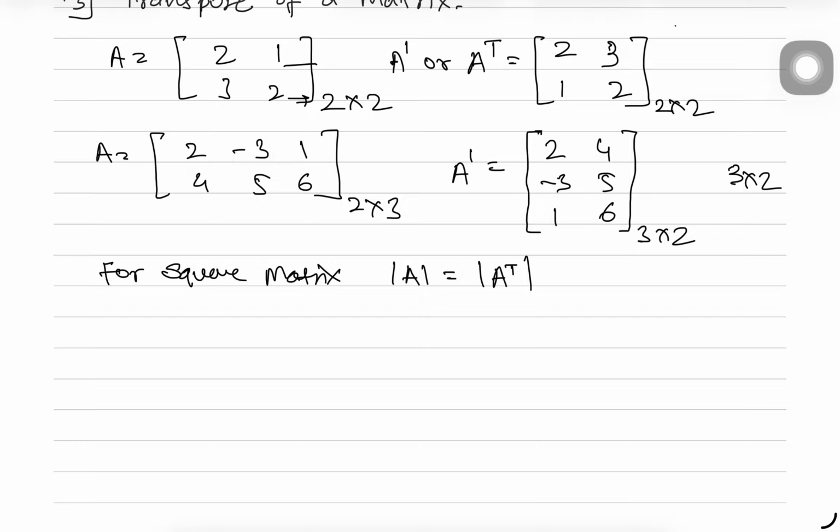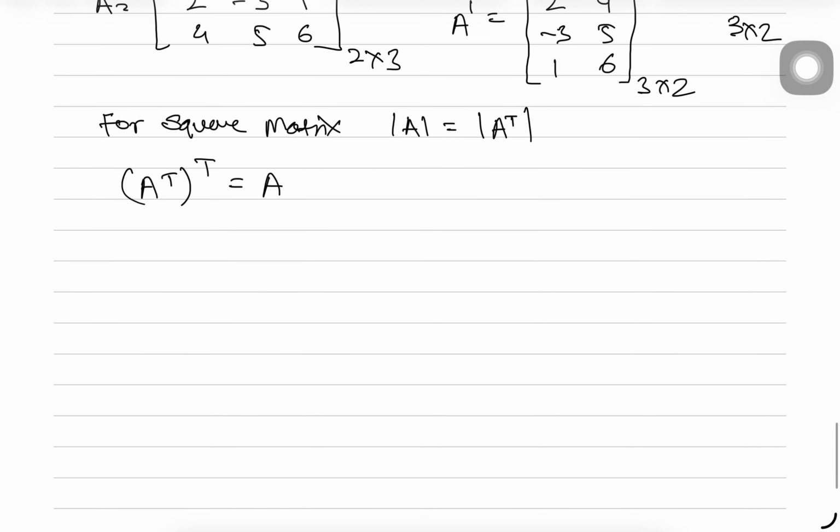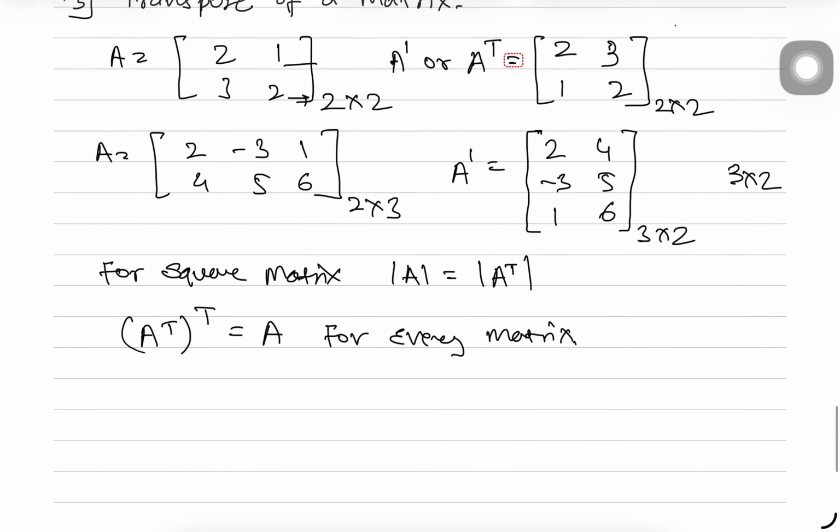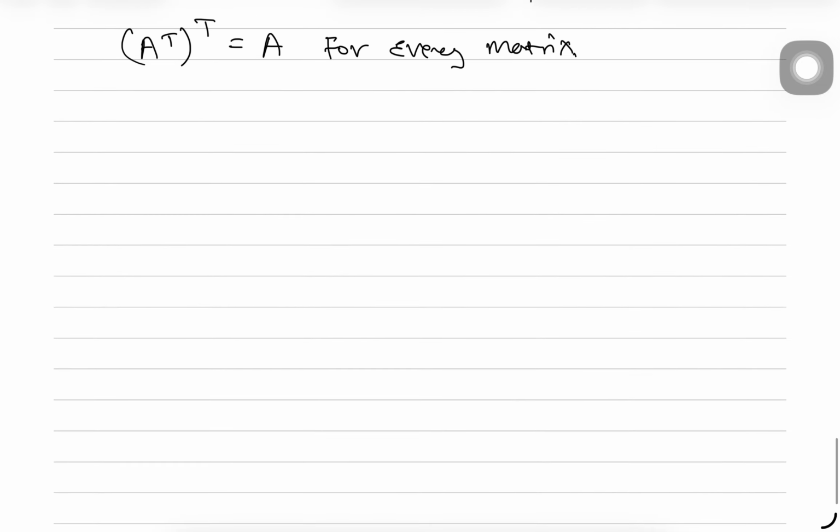For a square matrix, determinant of A equals determinant of A transpose. And the last one is that the transpose of the transpose of A is equal to A. This you can check for every matrix. The last numbers are 14 and 15, which will be the end of the lecture.